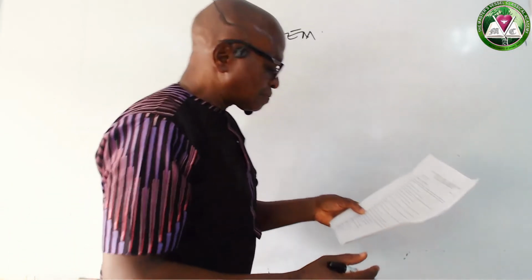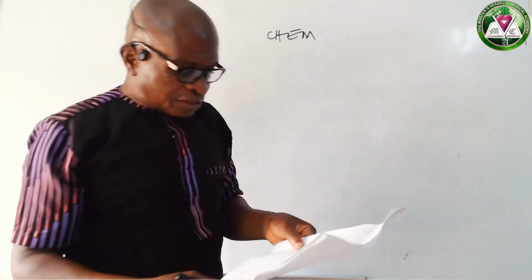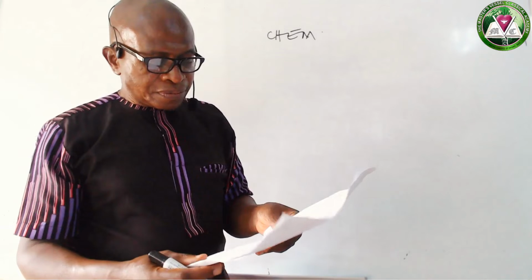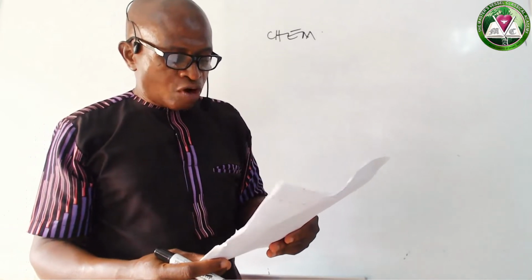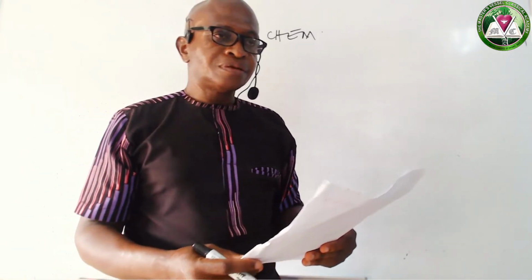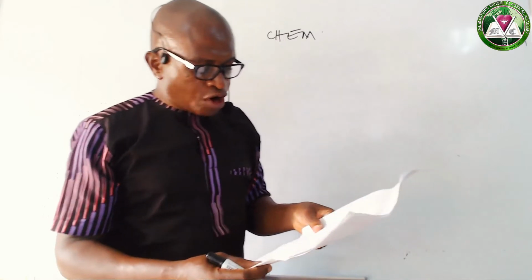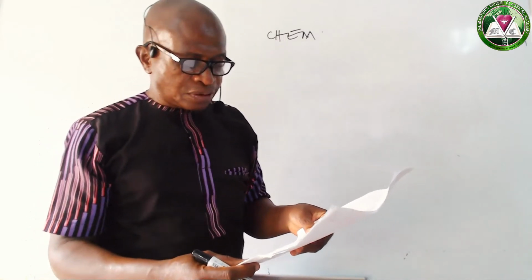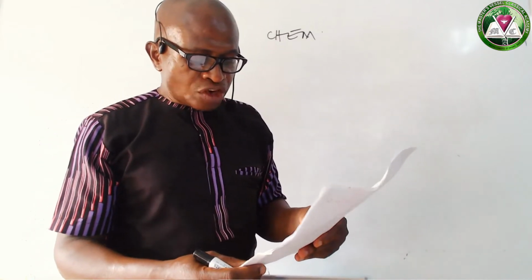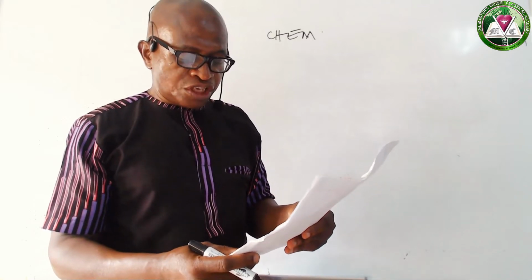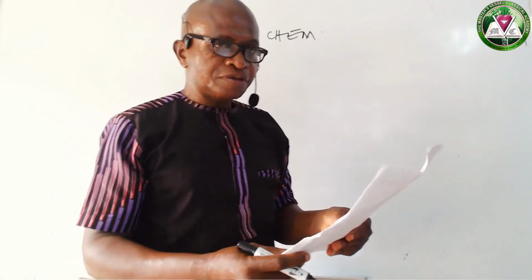Number 14 says, when calcium and fluorine form ions, which noble gas configuration does each ion have?